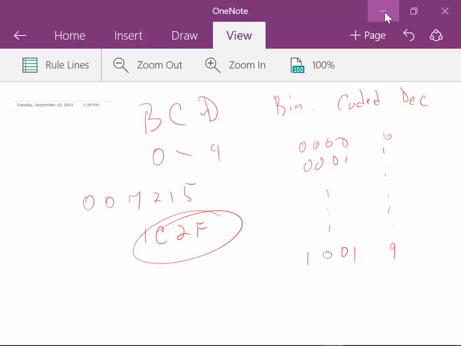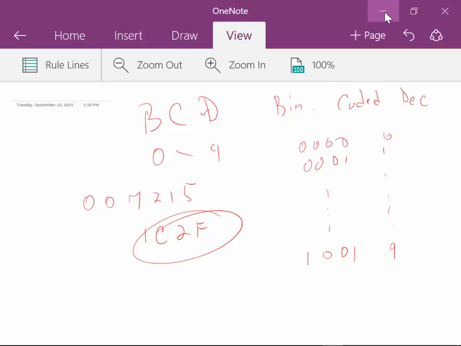Well, I'm a software geek. It means something to me. It tells me it's a hexadecimal number and I would convert it to decimal. But what would that mean to your sister or your brother or your dad, unless he's a computer programmer? Nothing, right? So we would convert that to binary coded decimal. There are software algorithms to do that, but we cannot do math on BCD.